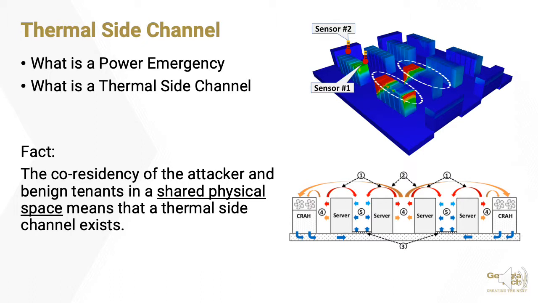Now let's talk about the thermal side channel. Before I get to what a thermal side channel is, I think we should talk about what a power emergency is. Now, a power emergency is when the designed power capacity of a data center is overloaded.